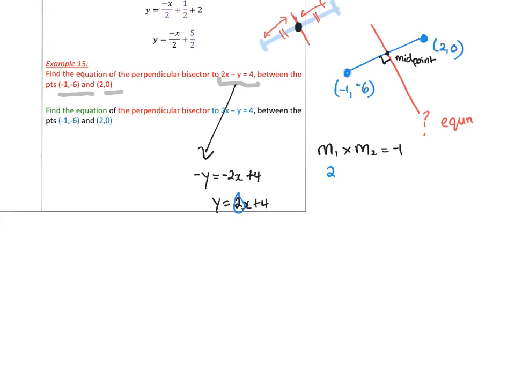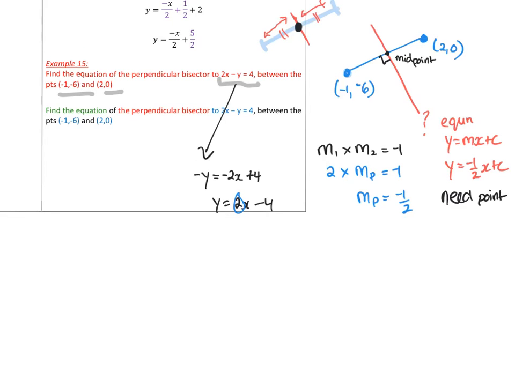So I'm saying 2 times the perpendicular one equals negative 1. Negative a half? Yeah? This is 2x negative 4 plus. Oh yeah, sorry, you're telling me that's negative 4? Good. So at the moment I'm trying to find this equation, and I know that it's negative a half x plus c.